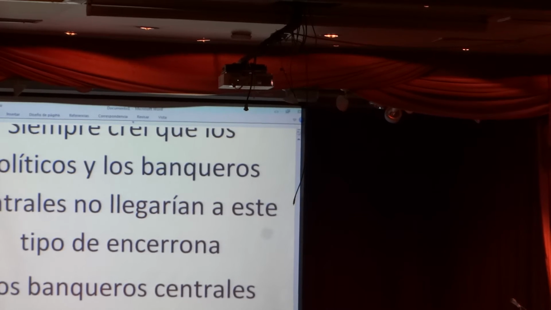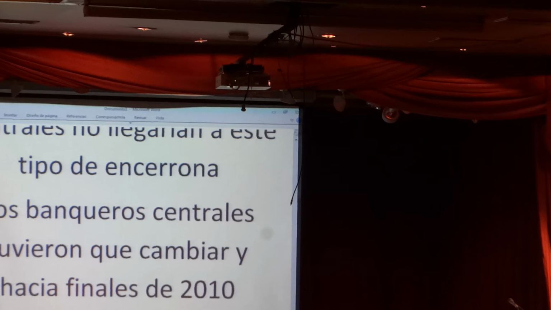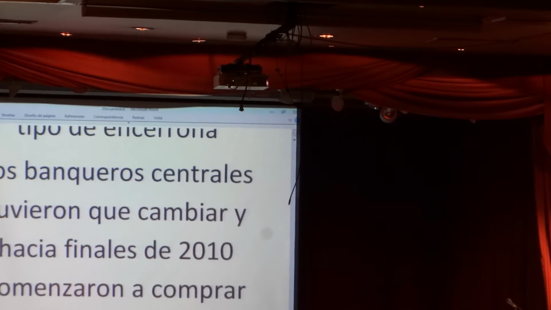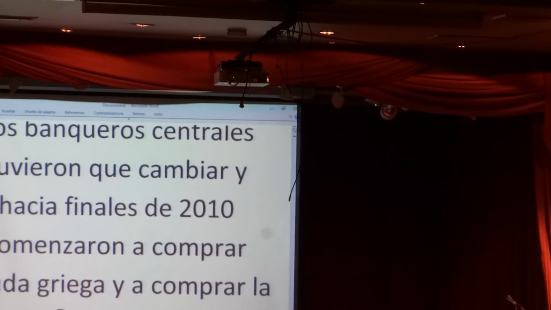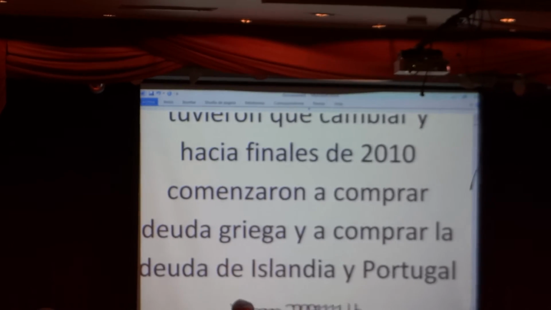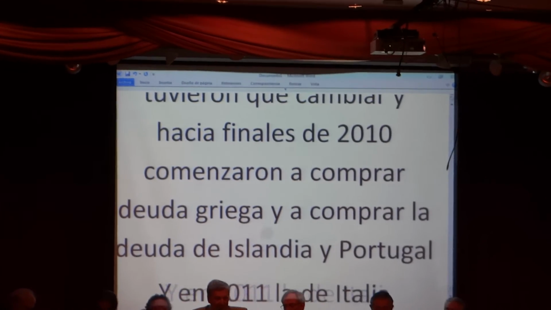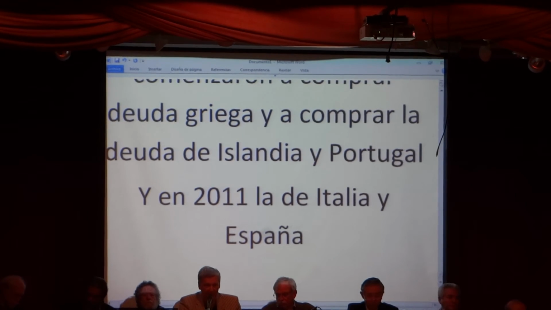Then they started buying the sovereign debt from Ireland and from Portugal. And then in August 2011, they went on buying Spanish and Italian debt. But it was always too late. Whenever the ECB decided to move and go forward, it was always too late.